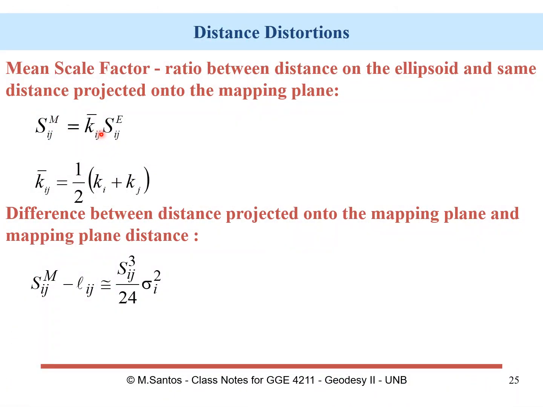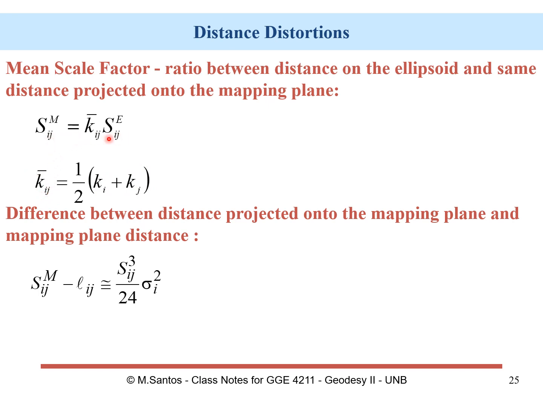The mean scale factor: we discussed the point scale factor, but we are dealing with actual distances. So for the distance between 2 points I and J, we compute the point scale factor at each of these 2 points and compute the mean scale factor.